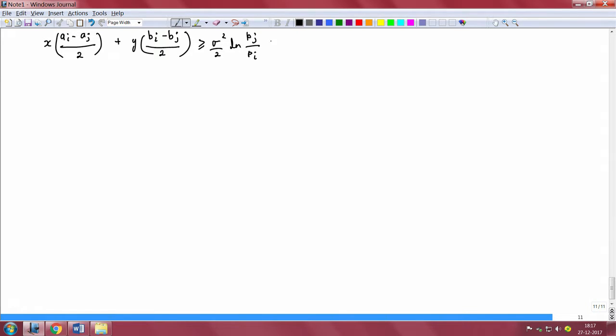So, this is nothing but b_ij of x comma y greater than or equal to 0. This is the decision boundary between the signal i and j. So, we will just substitute these points.